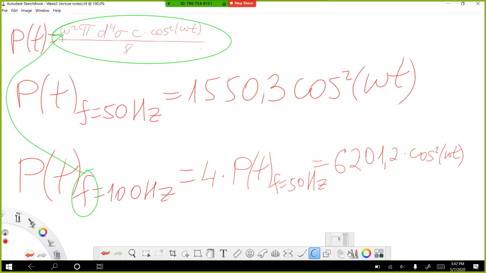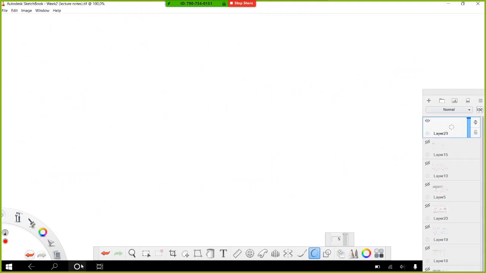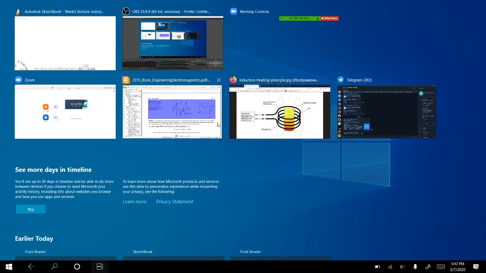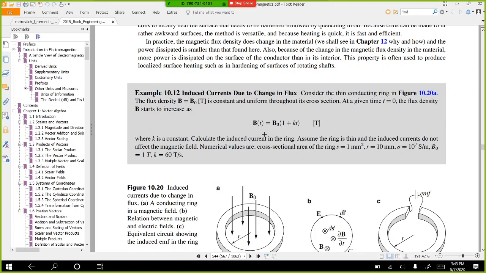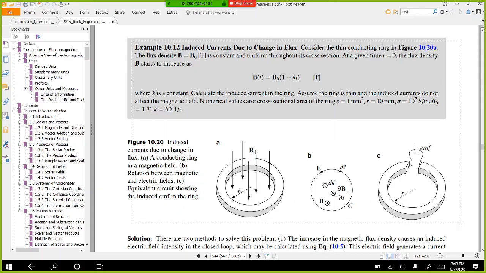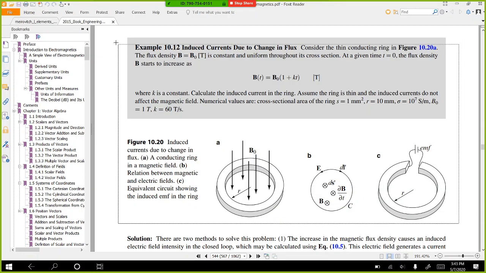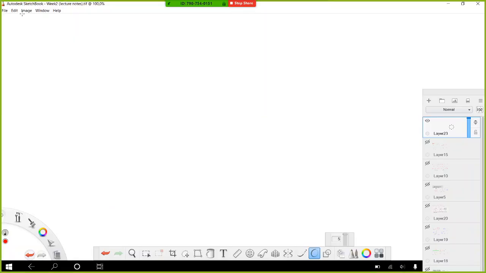Okay, now the next problem. The next problem is saying, okay, let me copy all this and put here.